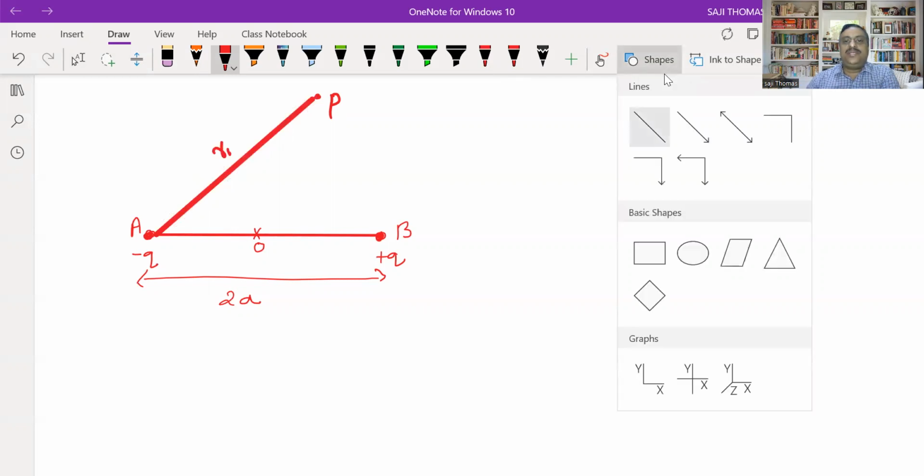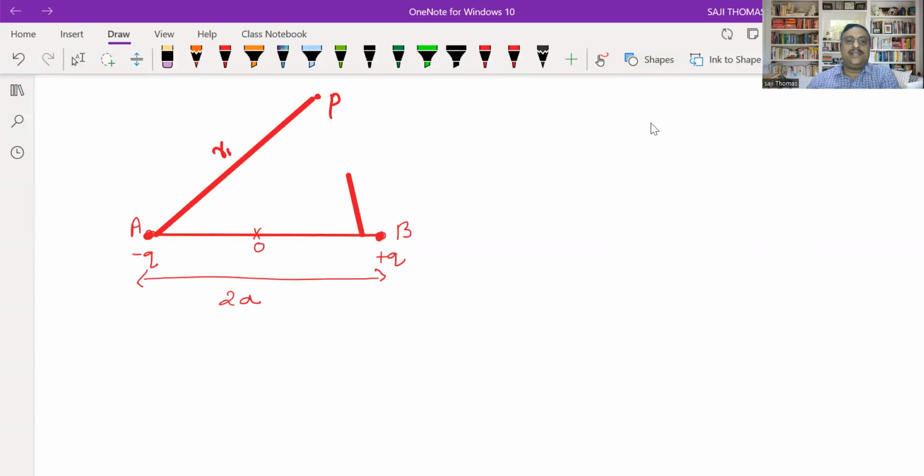And again, I am joining B to P. This distance I am taking as R2. The charge at the point B is plus Q.